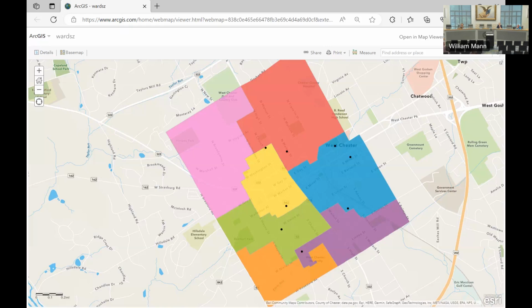Sure. Because that's something I'd be really interested to know, because we want to be able to find good candidates in every ward. And I know that was our biggest concern going into this, the university super block, making sure we didn't have one ward that was all on campus.